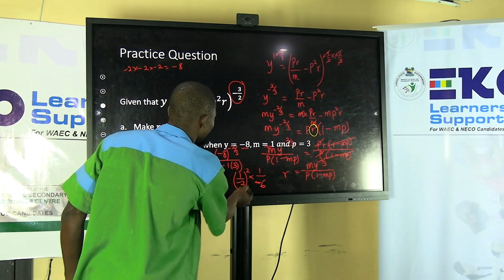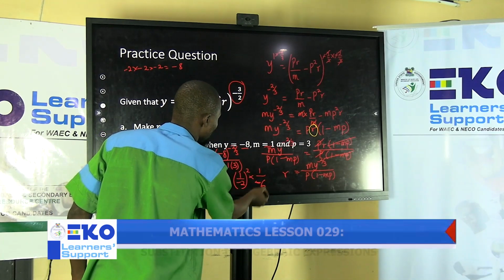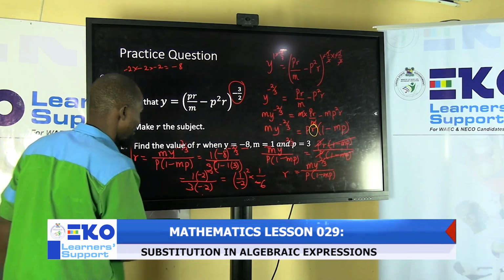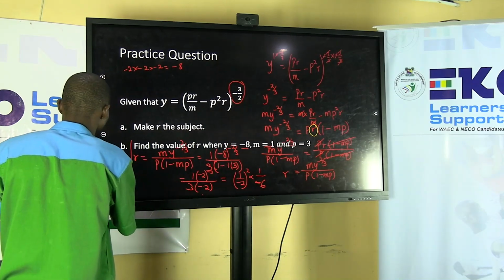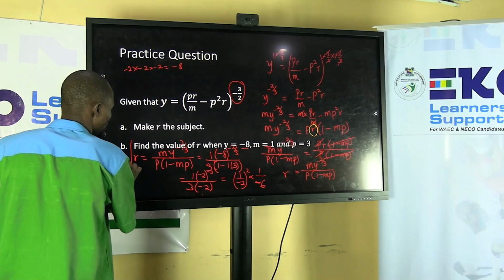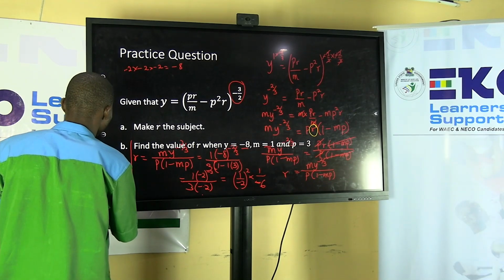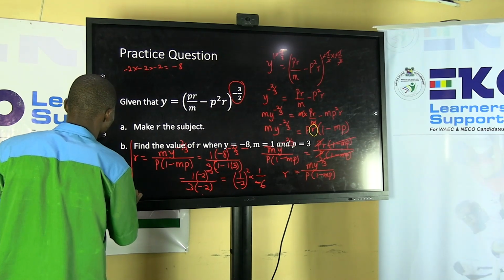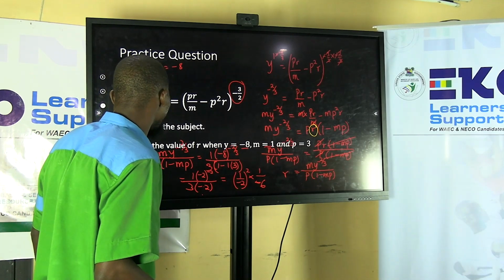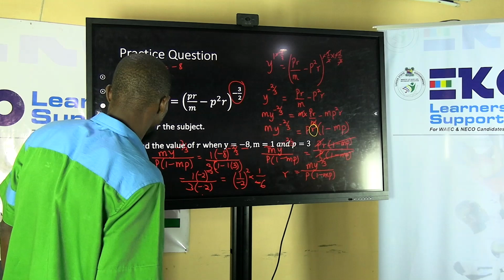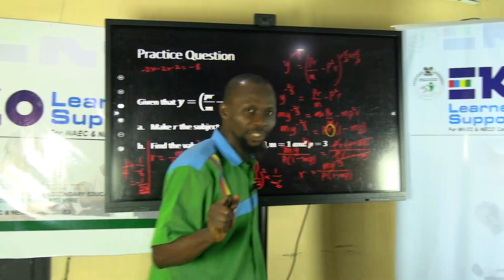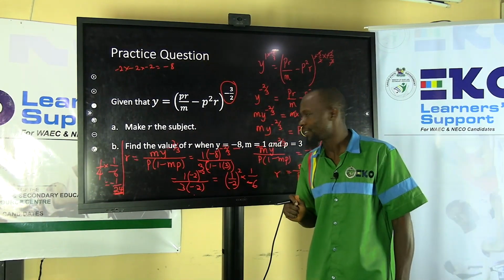So in that case, this one will give us 1 over 4, and this is 1 over minus 6, and that will produce minus 1 over 24. So it means the value of r is minus 1 over 24. I hope it's same thing with what you have got. It's same thing. Wow, that's fantastic.